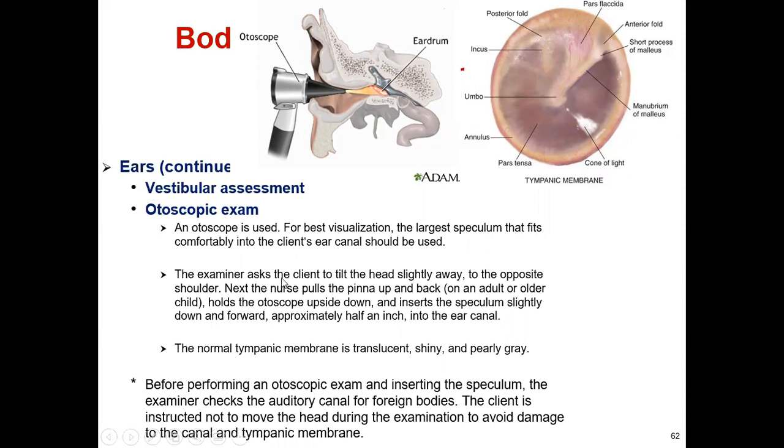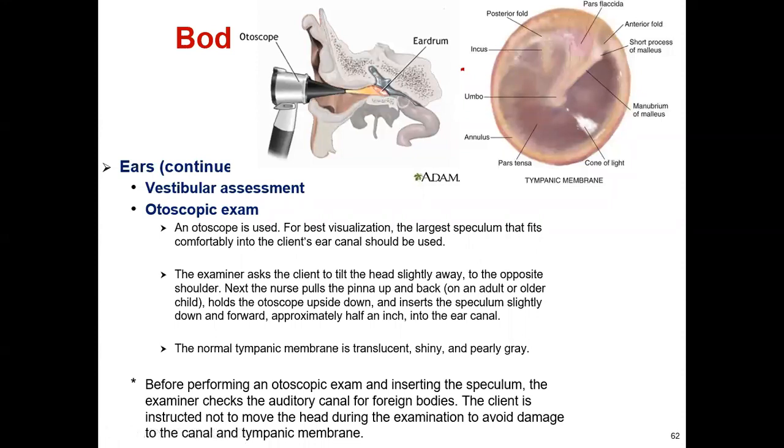The examiner asks the client to tilt the head slightly away, toward the opposite shoulder, and next the nurse pulls the pinna up and back, holds the otoscope upright, and inserts the speculum slightly down and forward, approximately half an inch into the ear canal, like this.